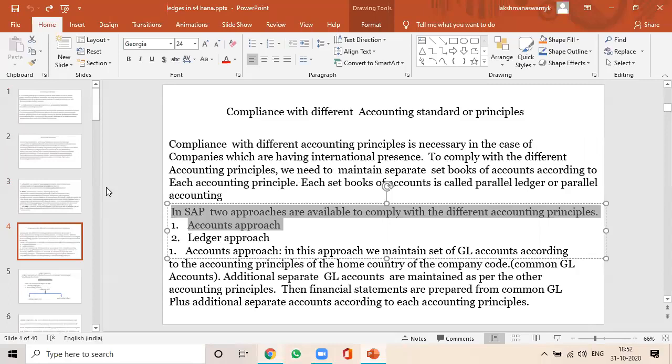In order to meet the requirements of different accounting principles, you need to maintain different sets of books of accounts. In SAP, we have two approaches available: one is the accounts approach, number two is the ledger approach.